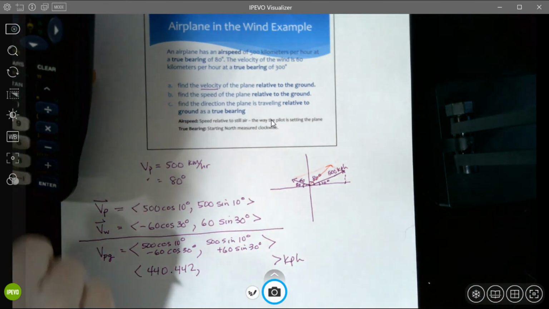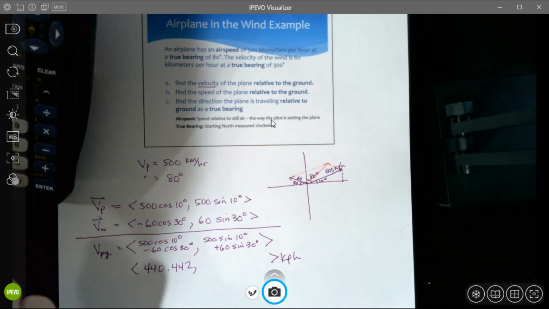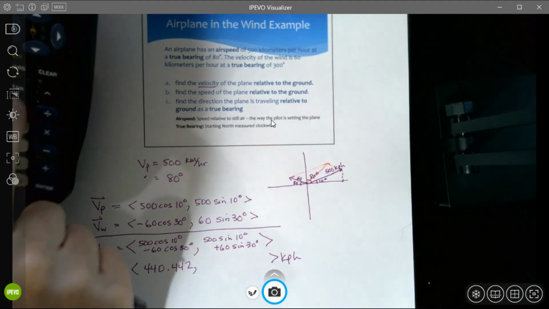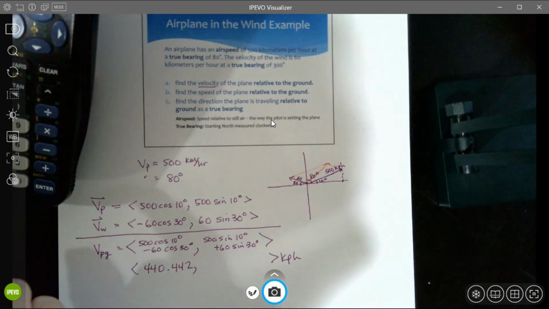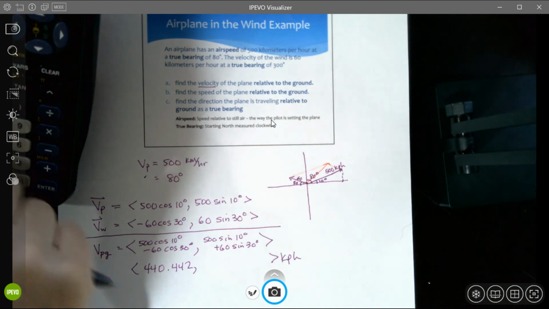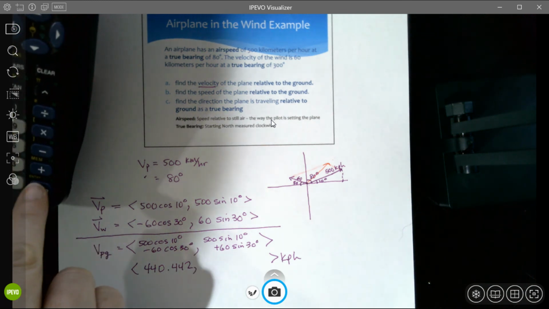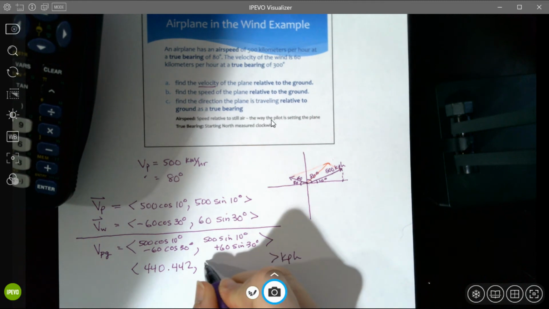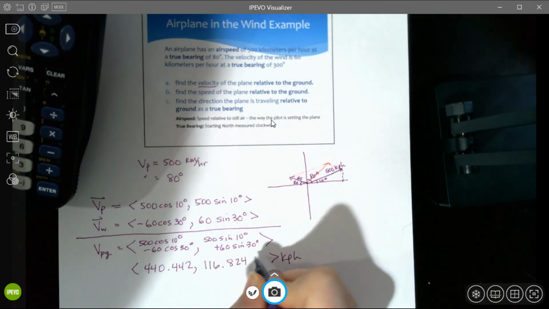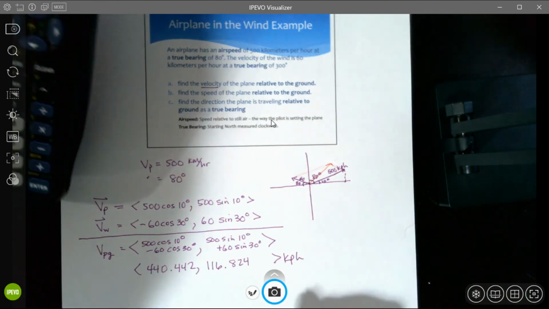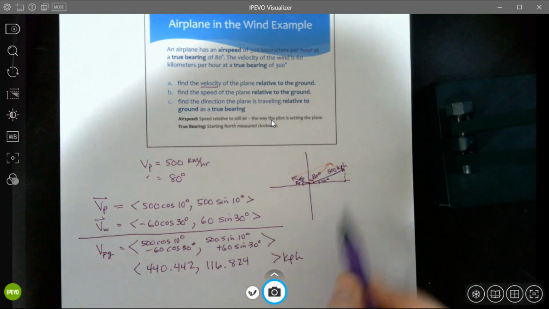And then here it's 500 sine 10 degrees plus 60 sine of 30. Okay, so that gives me 116.824 kph. And they're both positive, okay, which makes sense because it should end up in the first quadrant.